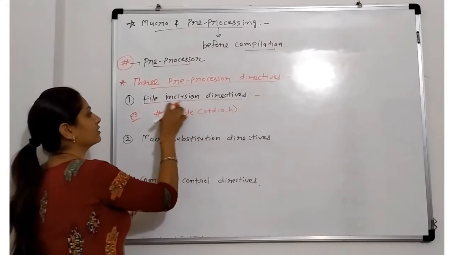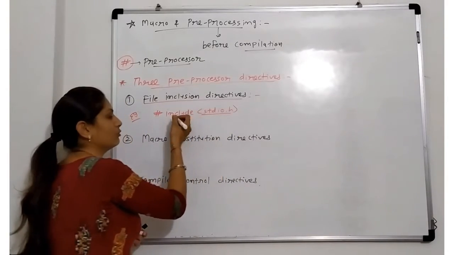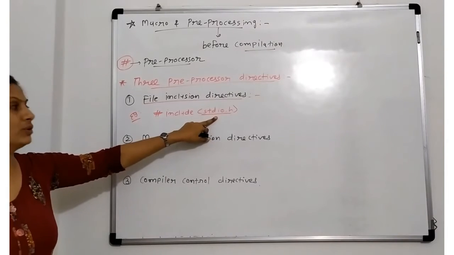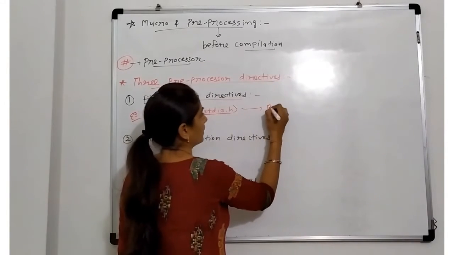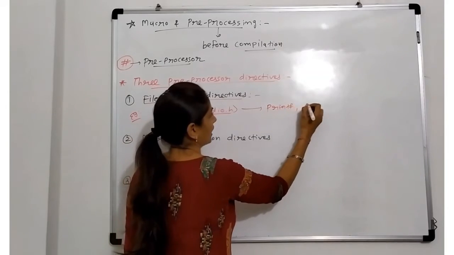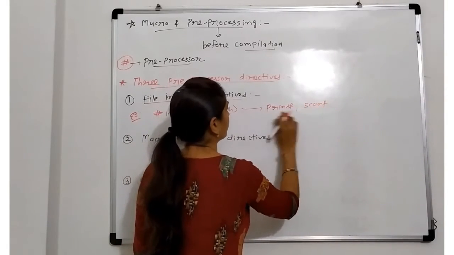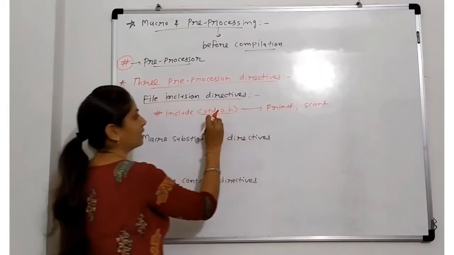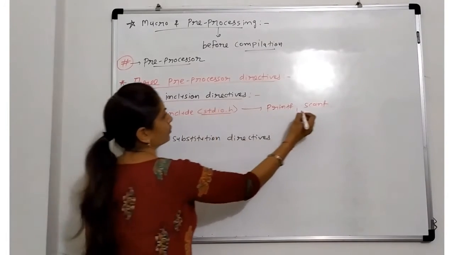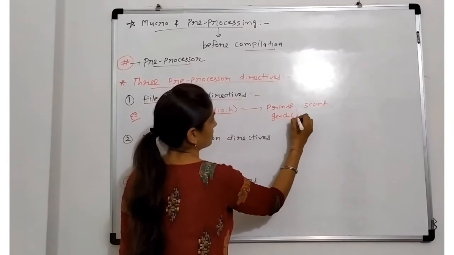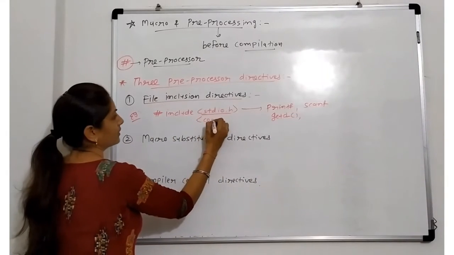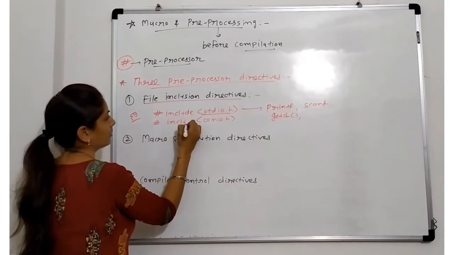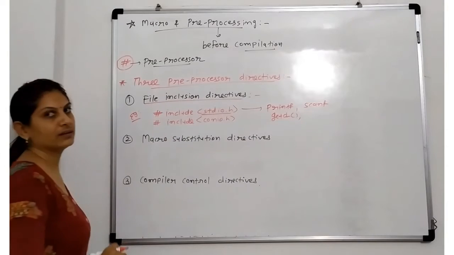The meaning is that this header file is included in our program. stdio stands for standard input output header file. In the program we are using functions like printf, scanf, so you must include this header file, because these functions are available in it. Suppose you use getch, clrscr, something, then you need another header file, that is conio.h. So this is nothing but the file inclusion directive.